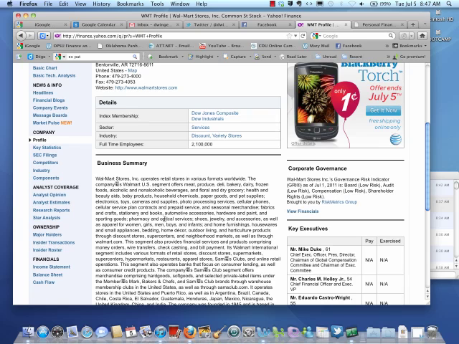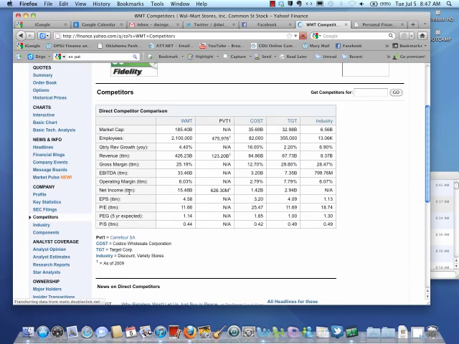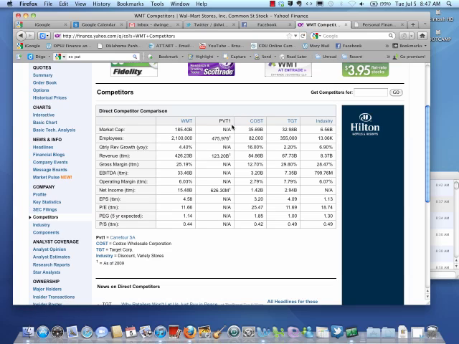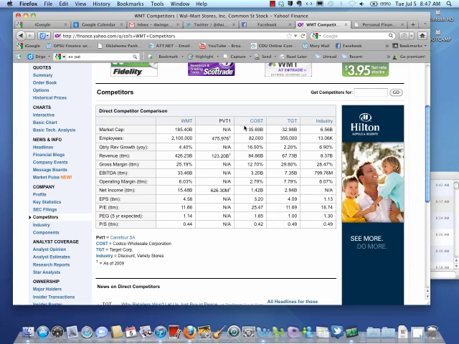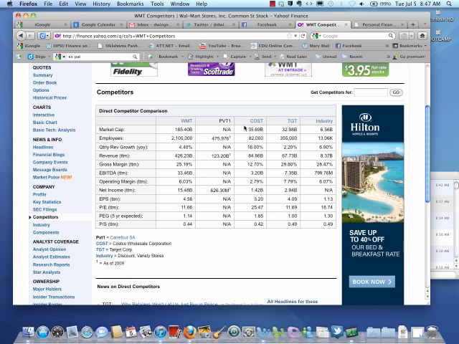Company's top competitors. Look here over competitors. And you can see here Costco and Target. And you can also look those up if you like. Yearly dividend and dividend yield.